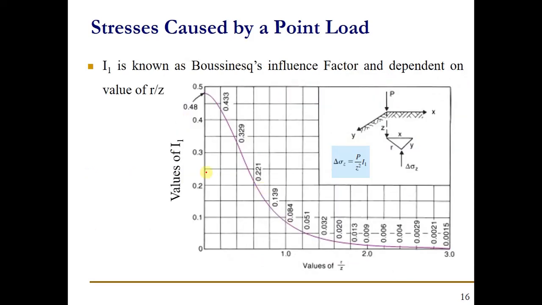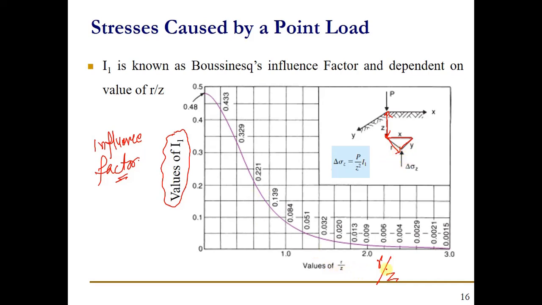But if you want to use a figure where you can find out the influence factor, you can find out r by z, the depth. This is the z, and here it is the r, which can be found using the Pythagorean theorem from the values of the x and y distances.